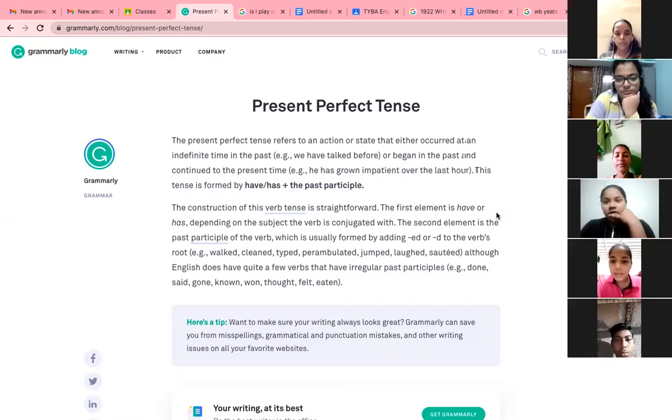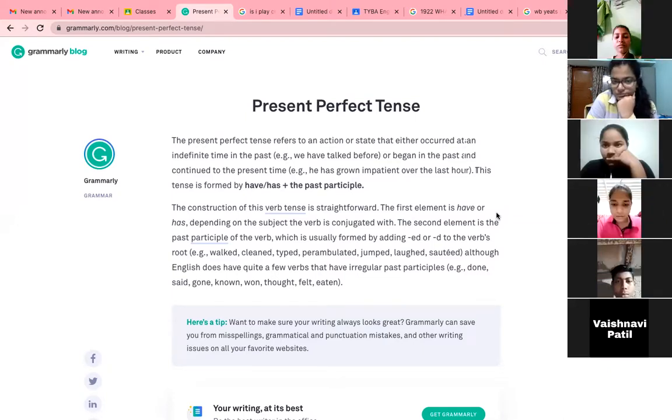Example, we have talked before, or began in the past and continues to the present time. Example, he has grown impatient over the last hour. This tense is formed by have or has plus the past participle.